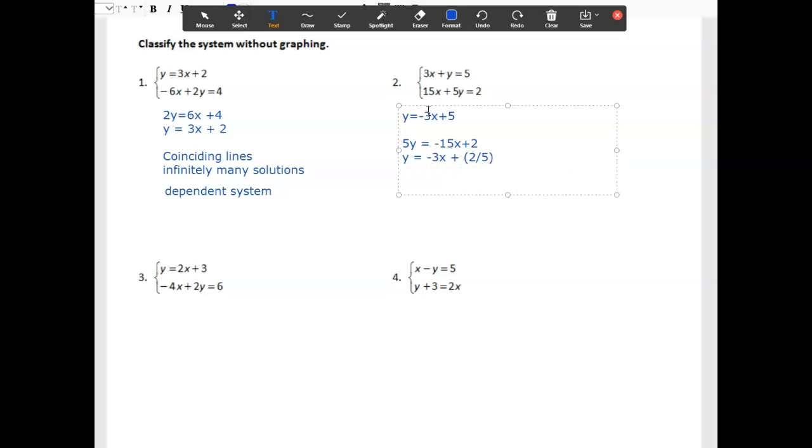What we'll notice is that these lines have the same slope, which means they are parallel, but parallel lines are inconsistent and have no solution.